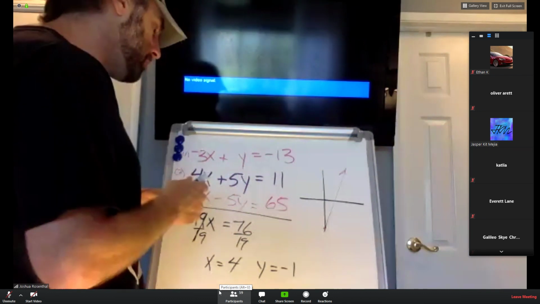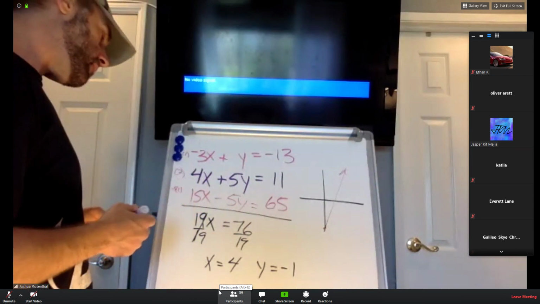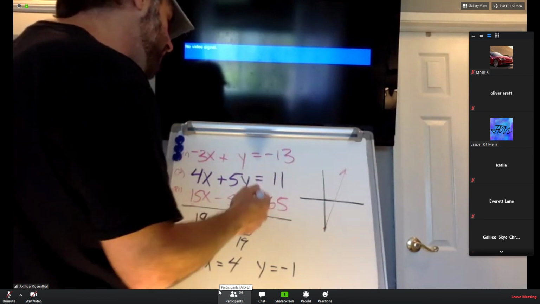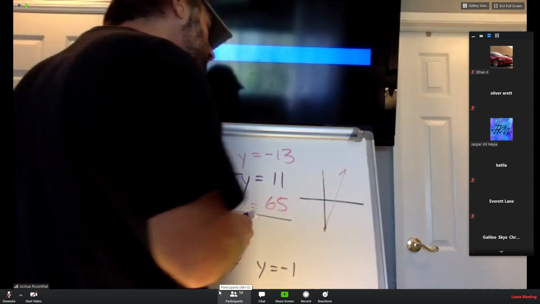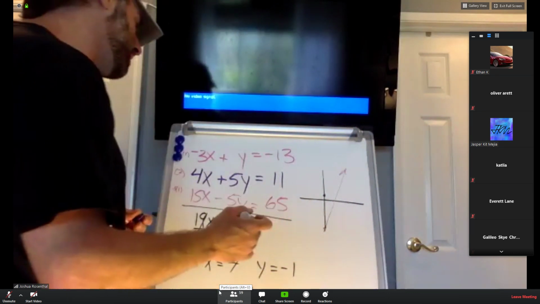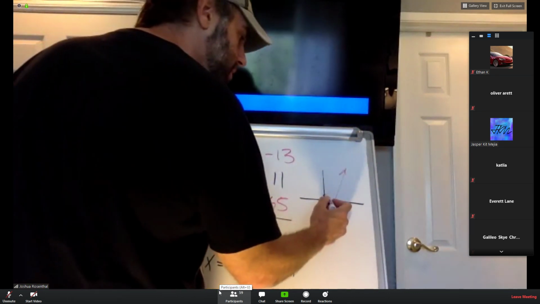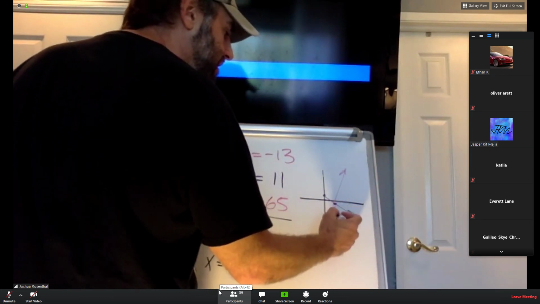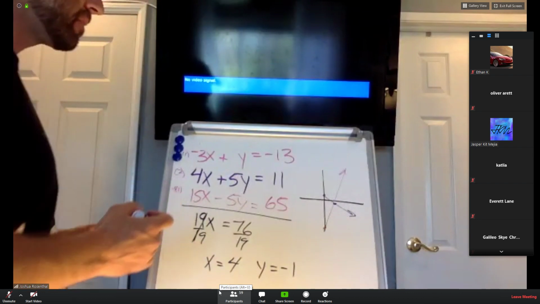Okay, and the purple one would have started at 11 over 5, 2.2. So it would have started here, and then the slope would have been negative 4/5. So it would have been flat. Okay, but there's your 4, negative 1 right there. That's where they met.